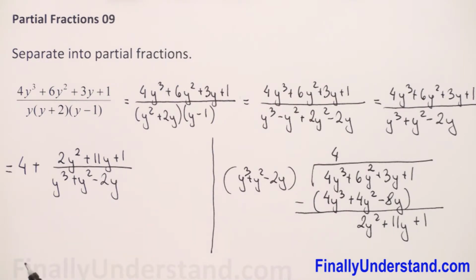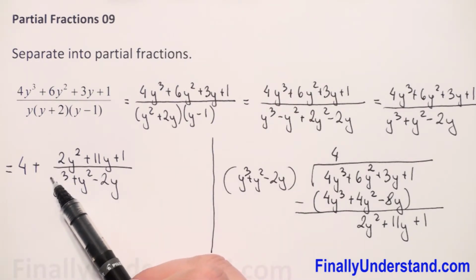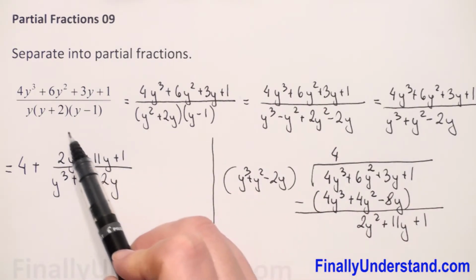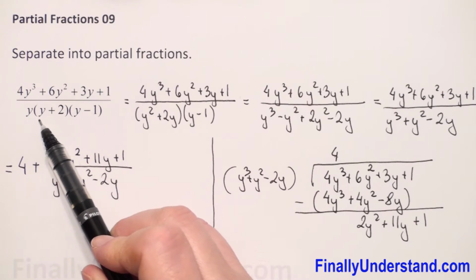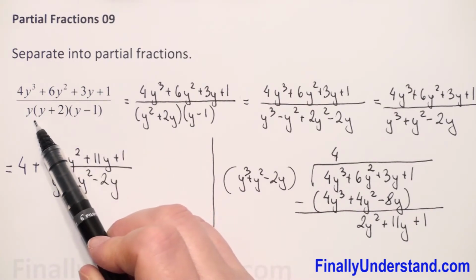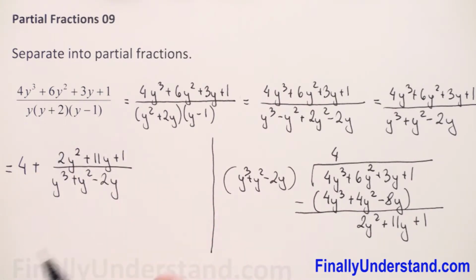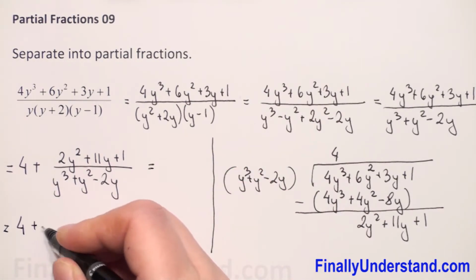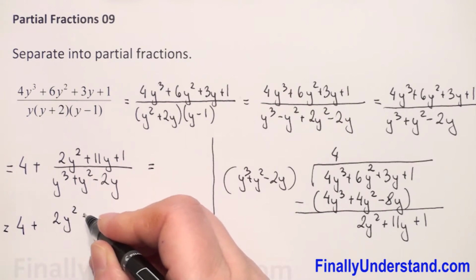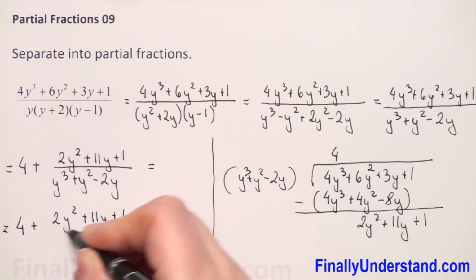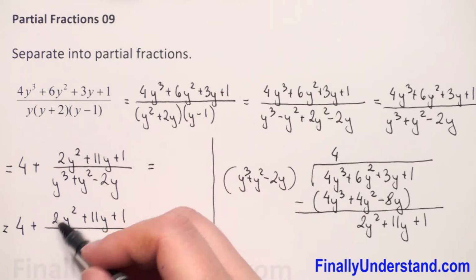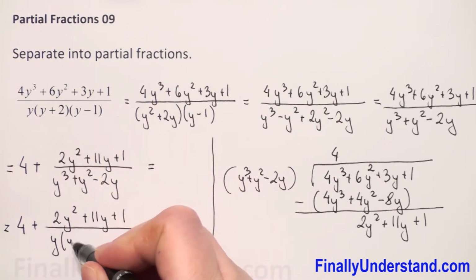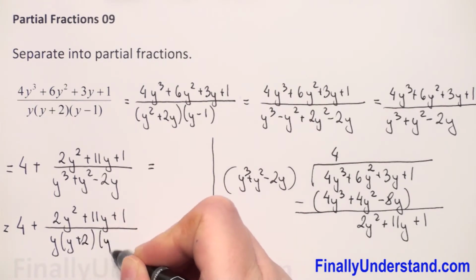How do we do this? We have to factorize our denominator, but we see that our denominator is already factorized. It is given, so we can rewrite that this is equal to 4 plus 2y squared plus 11y plus 1 over y cubed plus y squared minus 2y, which is equal to y times y plus 2 times y minus 1.